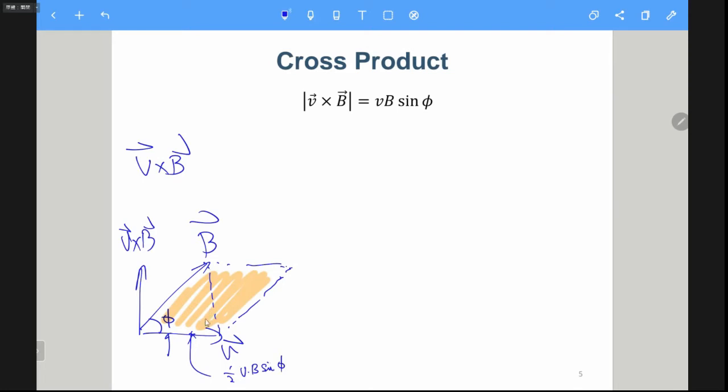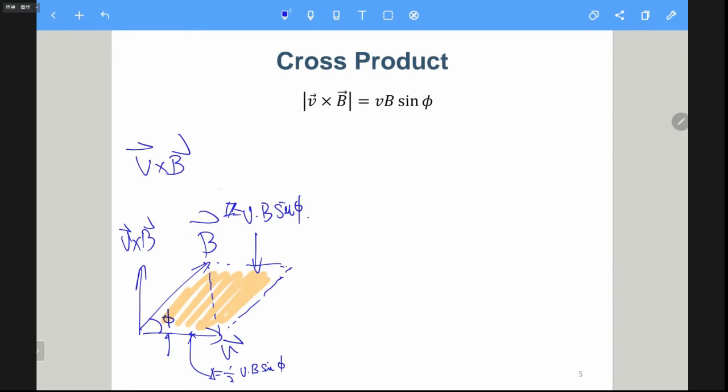For the parallelogram bounded by B and V, with this side parallel to that one, the area will be V times B times sine phi.